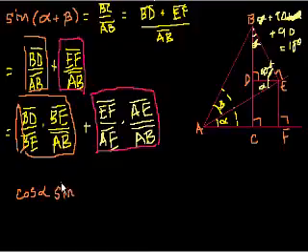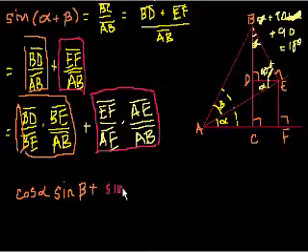Now let me switch to magenta. What's EF over AE? If we look at this right triangle right here, it's opposite over hypotenuse for alpha, right? So it's sine of alpha.